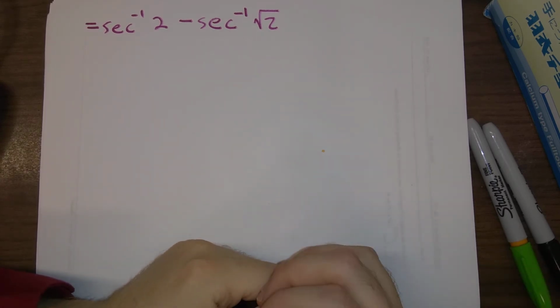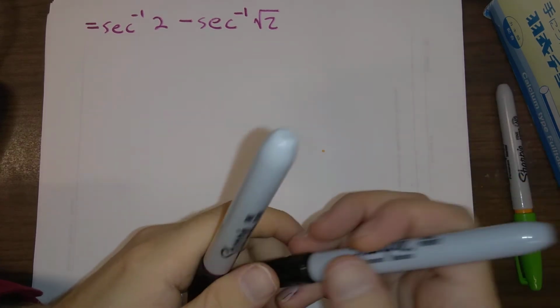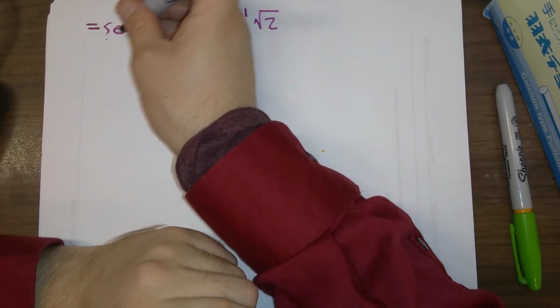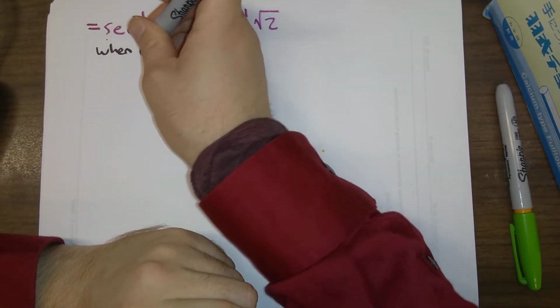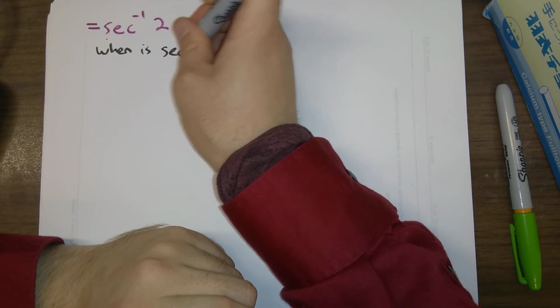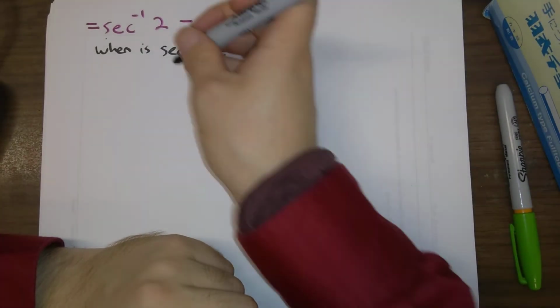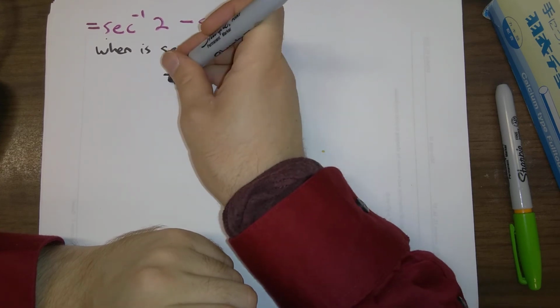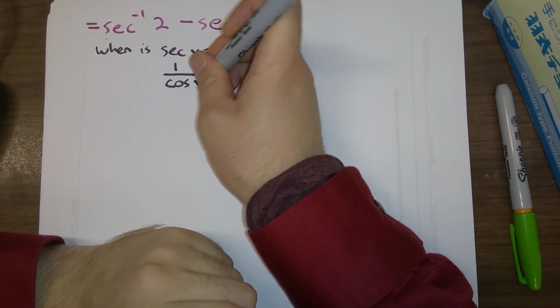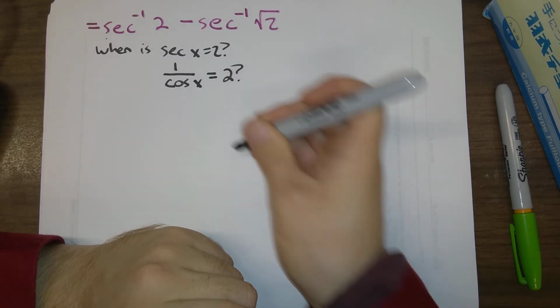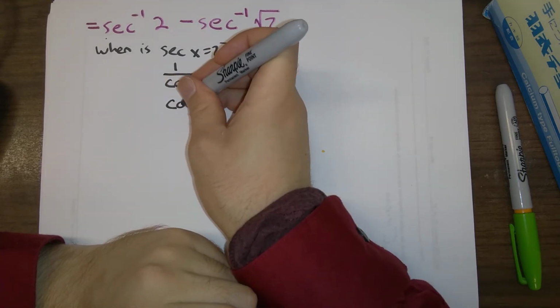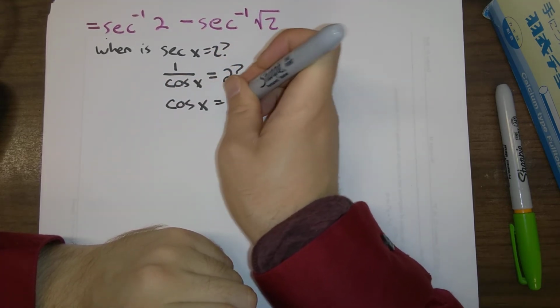So arcsecant of 2, this is really asking when is secant x equal to 2? And secant, of course, is 1 over cosine. When is 1 over cosine x equal to 2? And that is when cosine x is equal to 1/2.